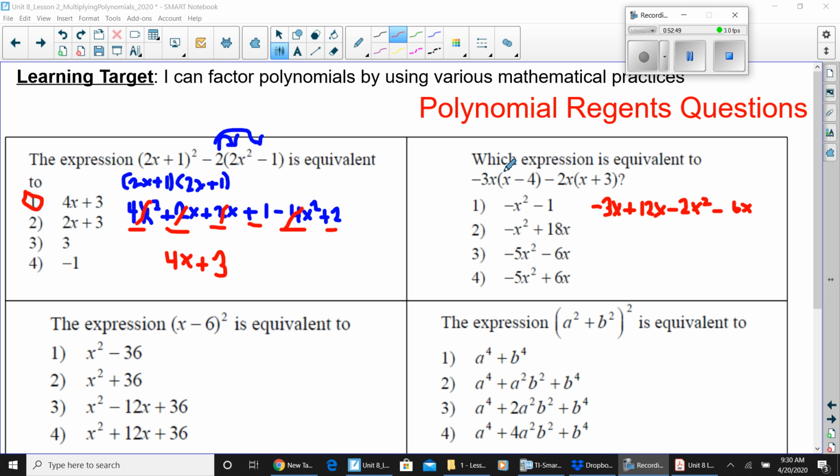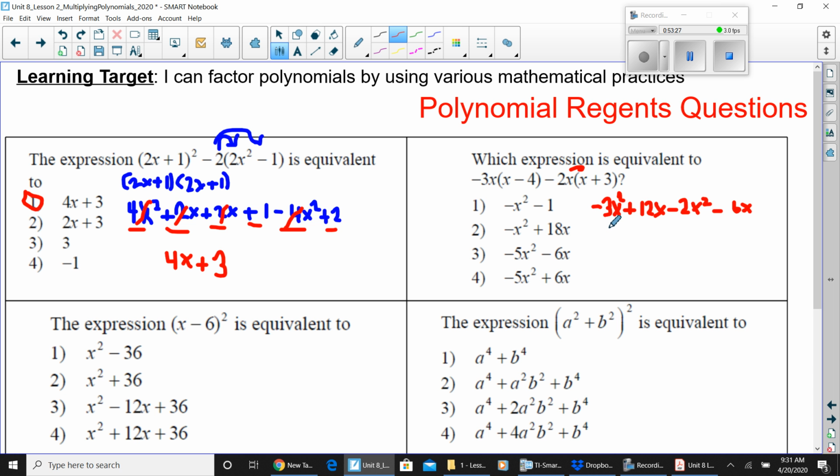Okay, so we have negative 3x times x is negative 3x squared. Negative 3x times negative 4 is positive 12x. Then you move over here, negative 2x times x is negative 2x squared, and then negative 2x times positive 3 is negative 6x.